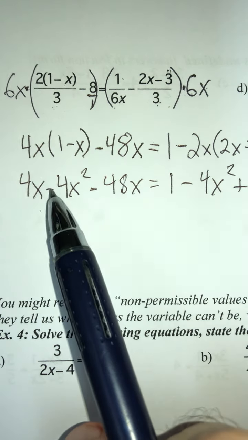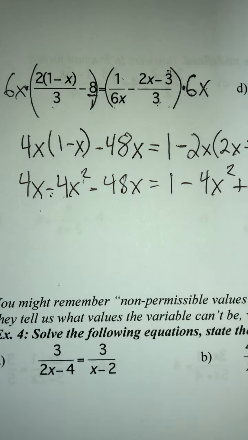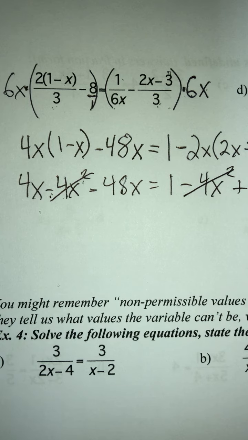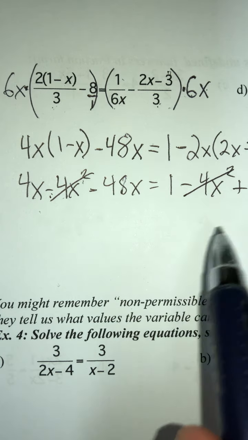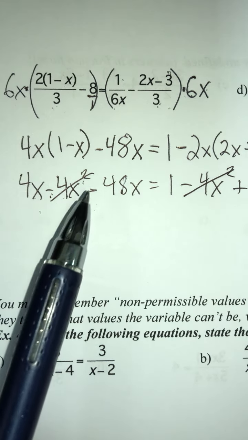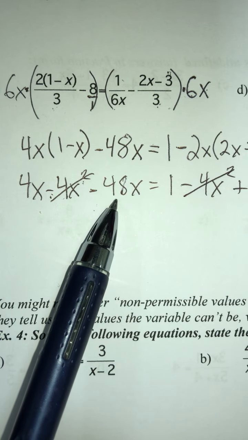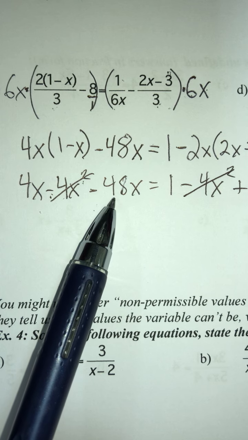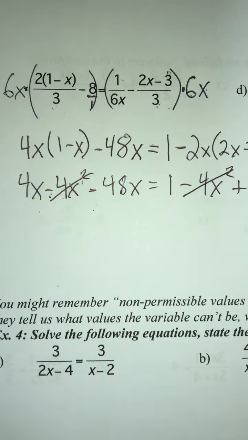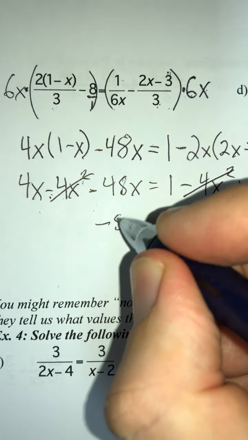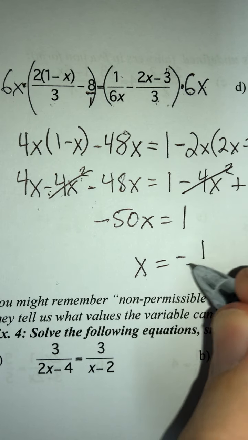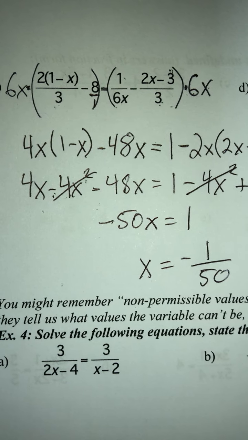Well, I notice I have a minus 4x squared and a minus 4x squared, so these cancel out. So I'm just left with some x's. So I'm going to bring all the x's over onto the left-hand side. 4 minus 48x, that's going to give us minus 44x, minus another 6 when I bring this over, so this is going to give me minus 50x equals 1. So solving for x, we get minus 1 over 50.